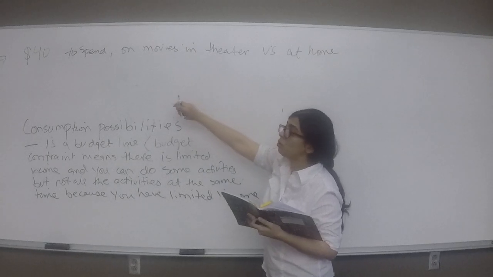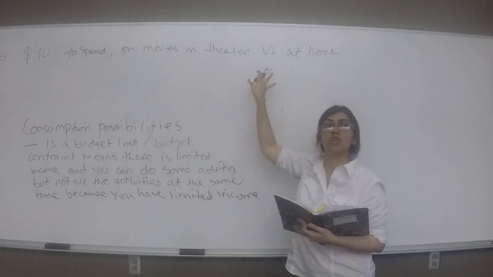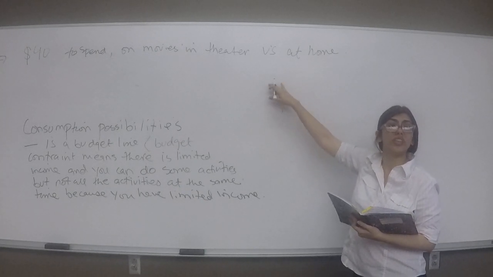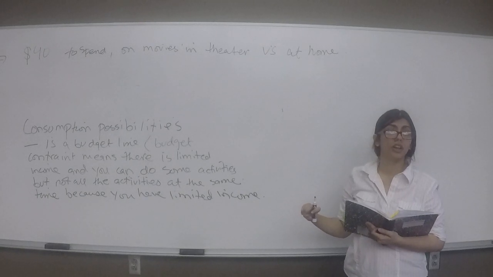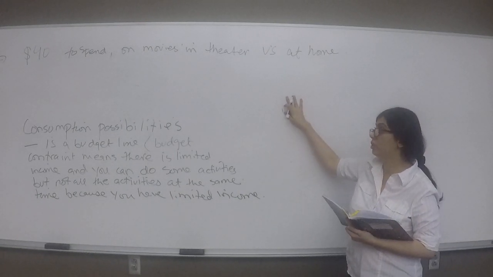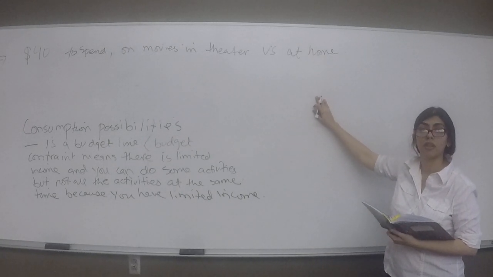So you have been told your income, which is $40, and you have been told 2 activities you could do with that income. The 2 choices are you could either watch movies in the theater or you could watch movies at home.